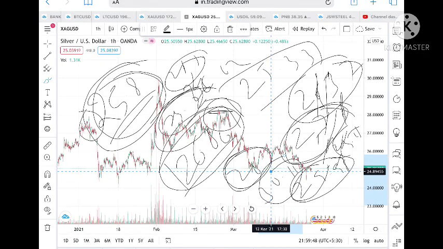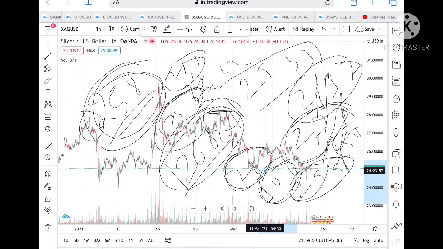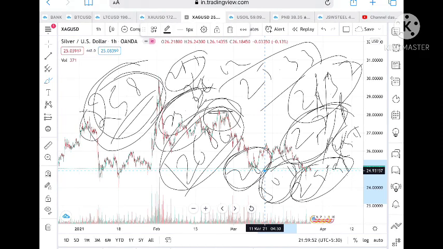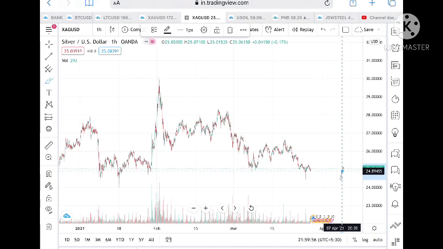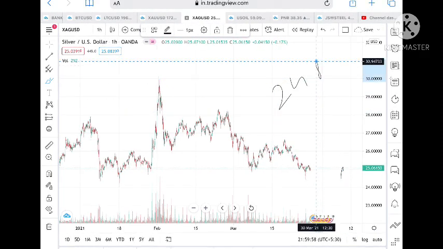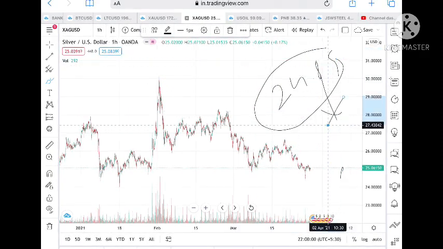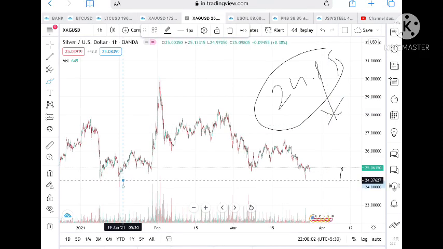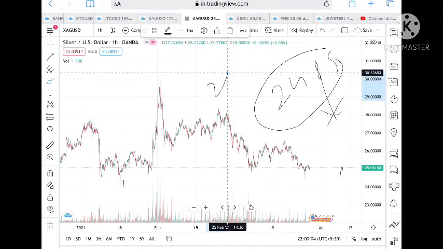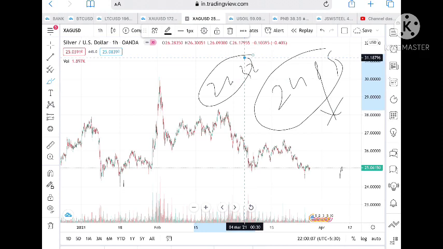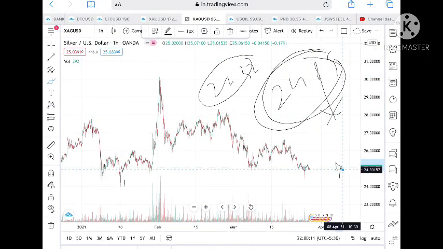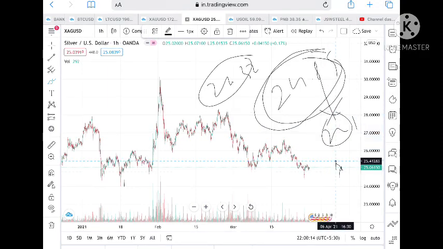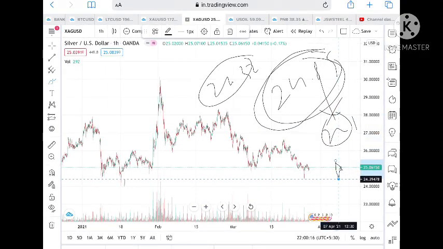Or suppose the price of silver moves below 24.89 and breaks the support at 24.37. If it comes below this level and stays below, then we can see a target of 24.39. Once this is touched, we can see a strong support at this level.